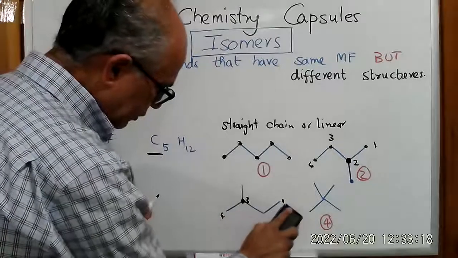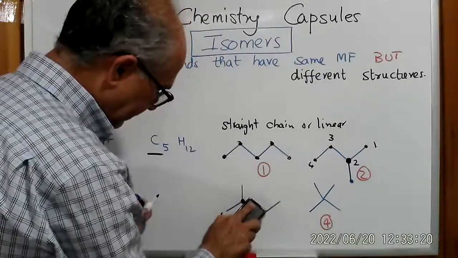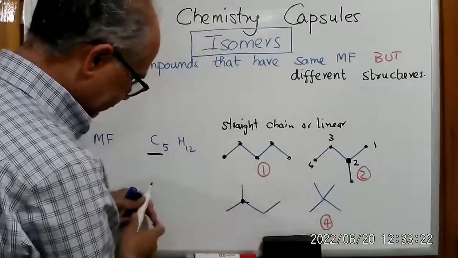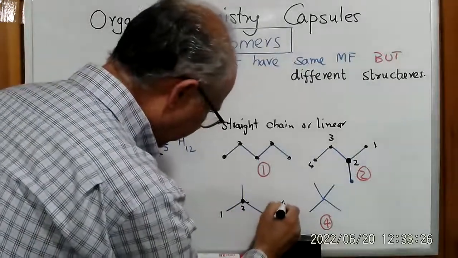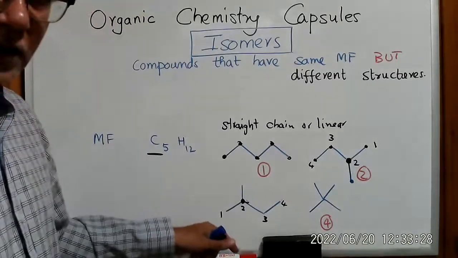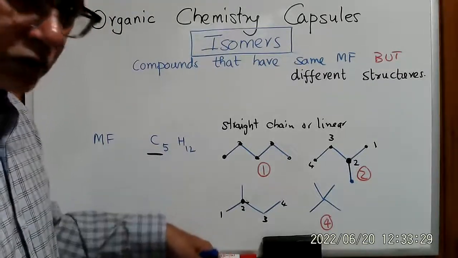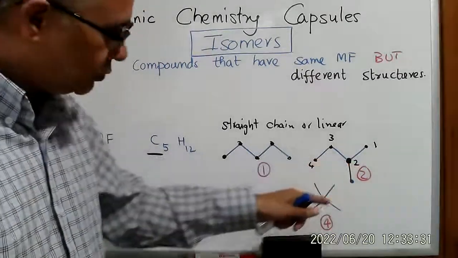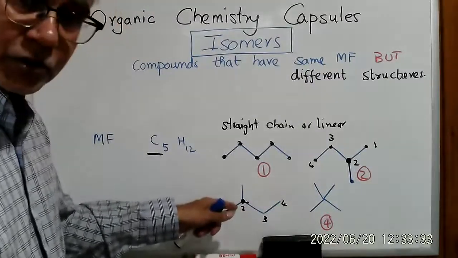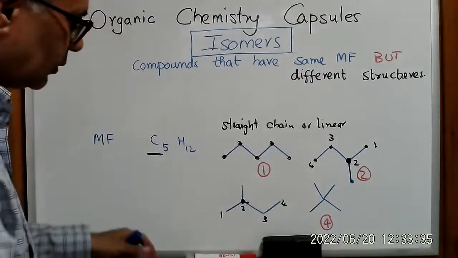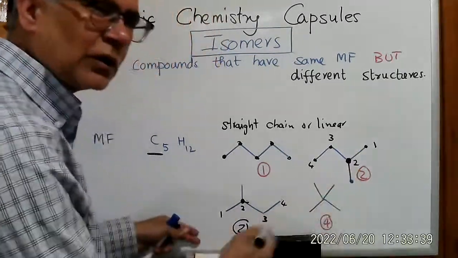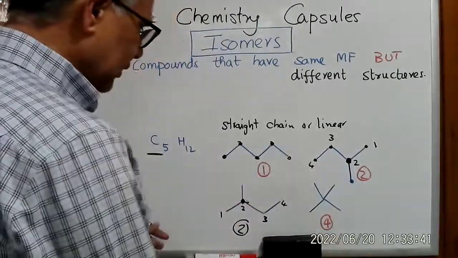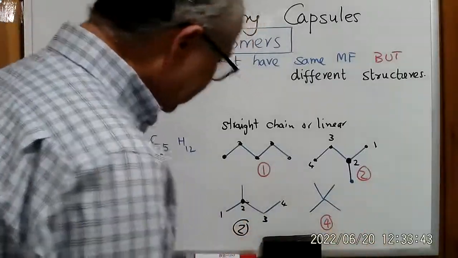So if you go this way, 1, 2, 3, 4, you will notice suddenly structure 3 is no longer a different structure. It is the same as structure 2. The branch is off at carbon 2. So this is also structure 2, although I wrote it differently just to highlight that.